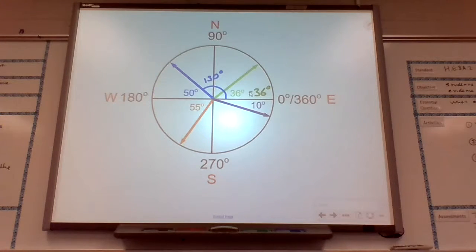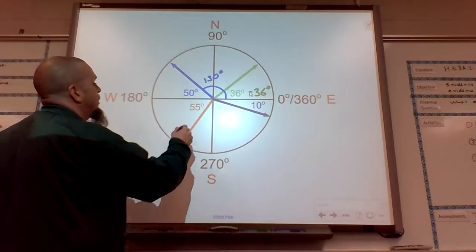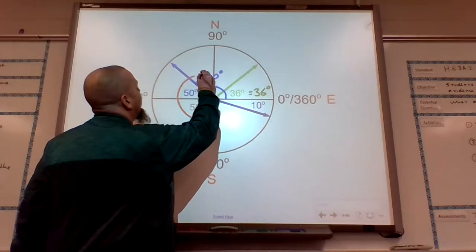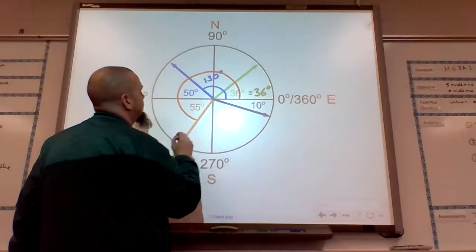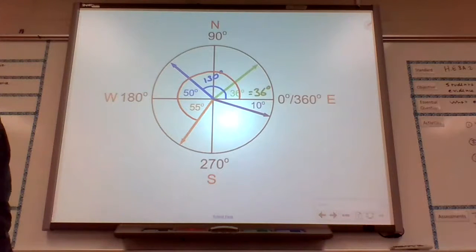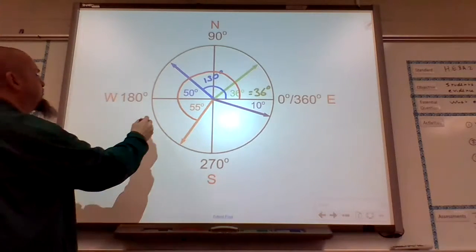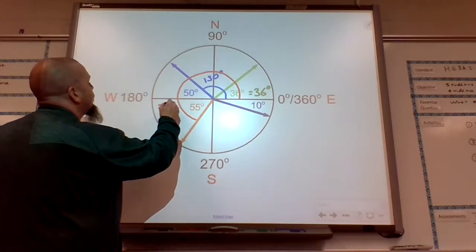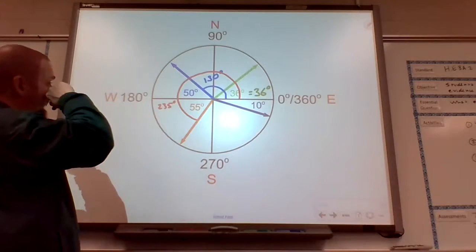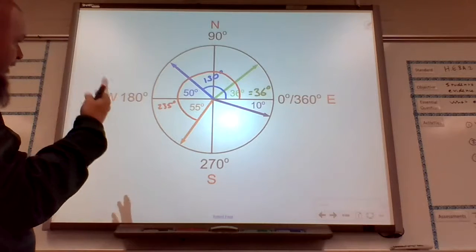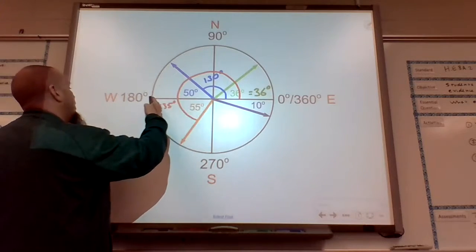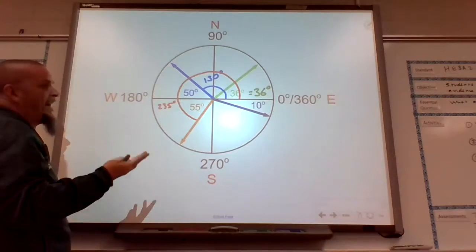And my angle is 235 degrees. From here all the way back around to zero is what I'm measuring. And that is 235 degrees. I am 235 degrees away from zero. Again, it's just thinking your way through it. That was 180. I want 55 more.